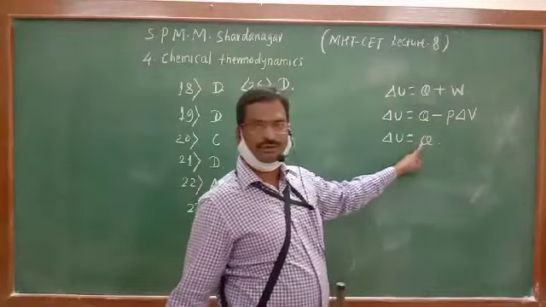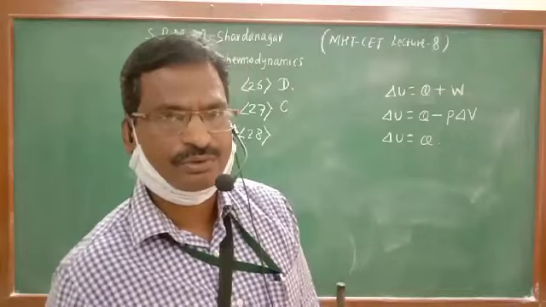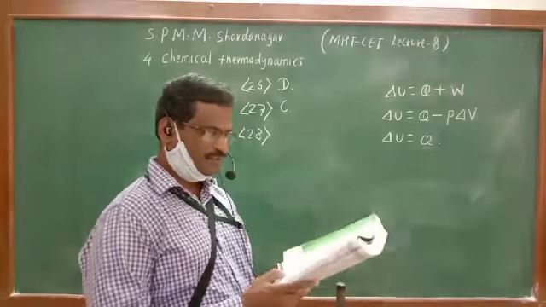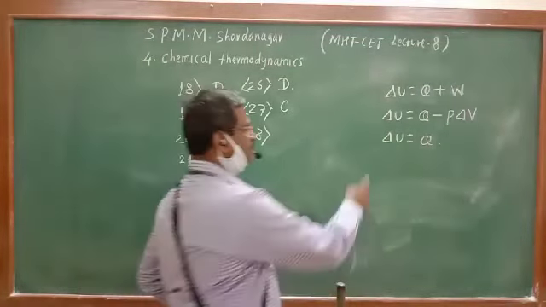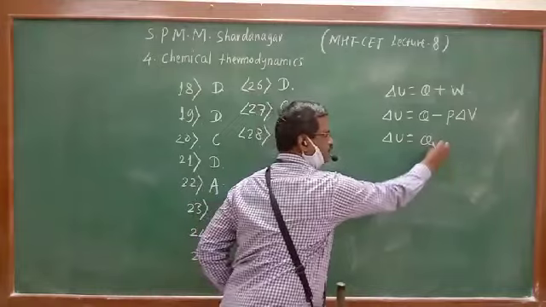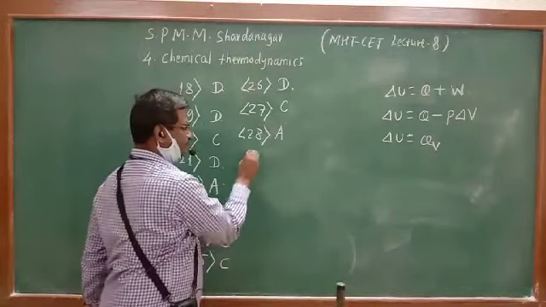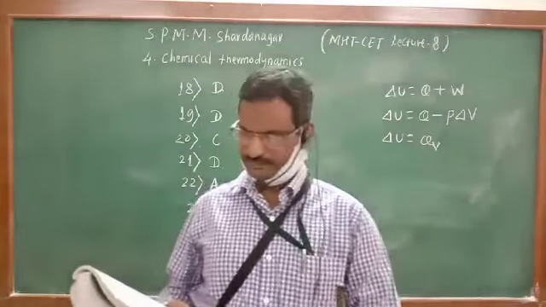Therefore, delta U is equal to Q is the equation for the isochoric process of the first law of thermodynamics. So option A is correct. Delta U is equal to Q at constant volume.